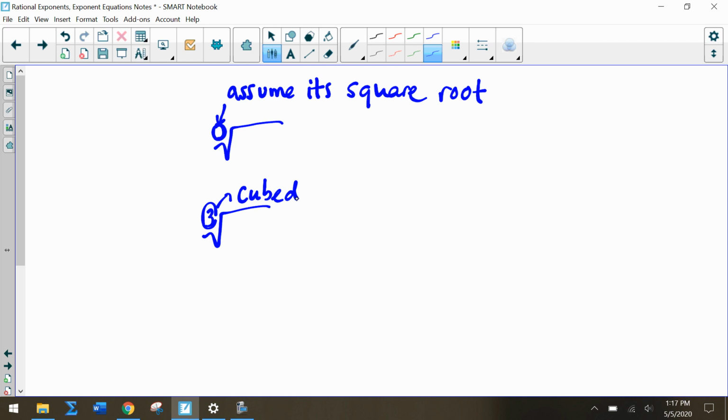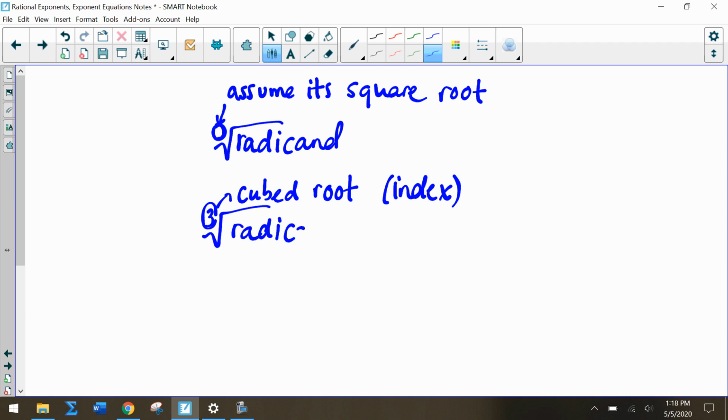And that's the index of the root. And then something underneath the radical is the radicand. So this is all information from geometry last year, except now we have this cubed root that we're thinking about.